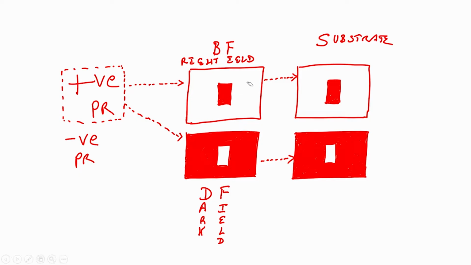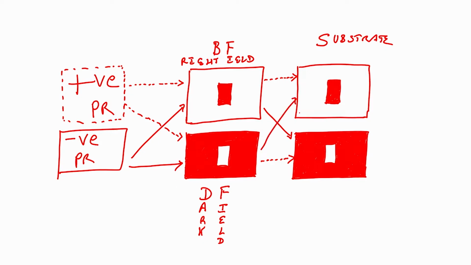Now, in case of negative photoresist, the area which is not exposed becomes weaker, and the area which is exposed will become stronger.